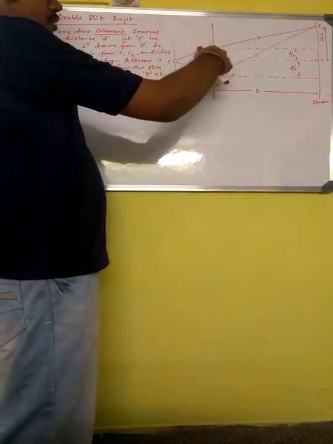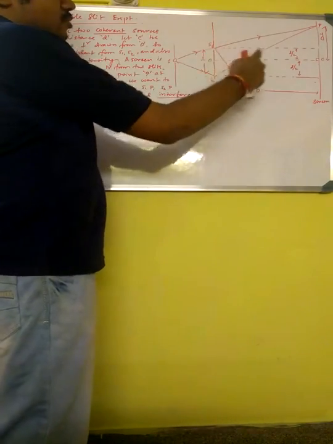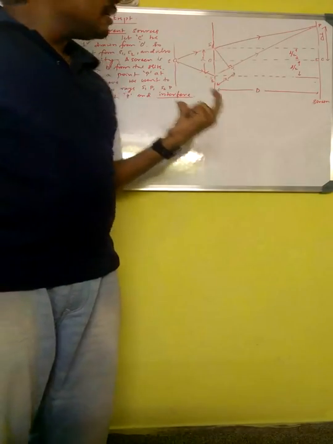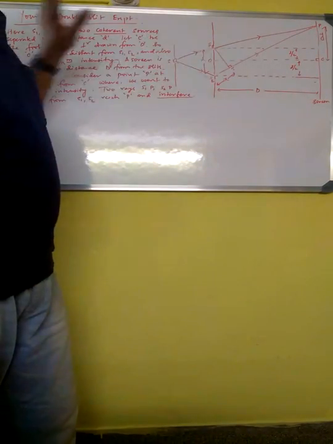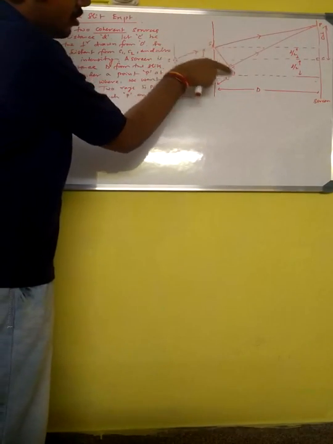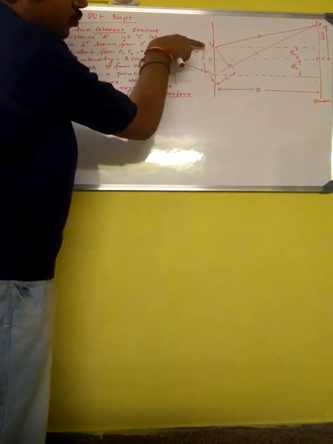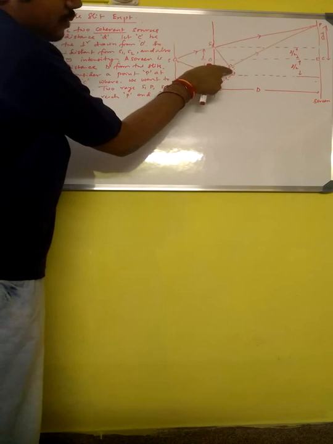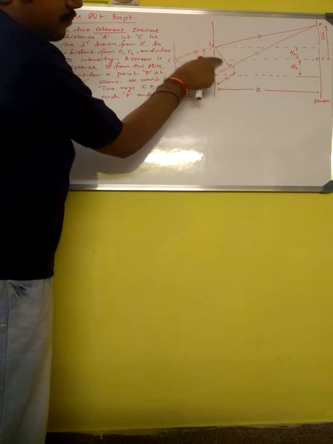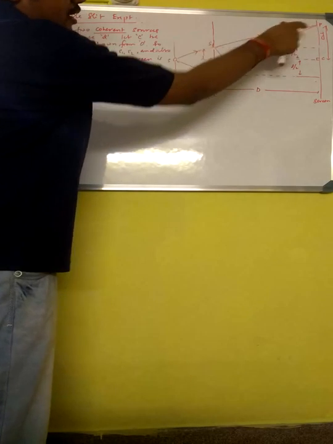Now the path difference between these two rays S1P and S2P is basically this thing. How have we arrived at this path difference? We have dropped a perpendicular on the ray S2P from S1. This is the foot of the perpendicular, the point T. So S1T is a perpendicular drawn on S2P.